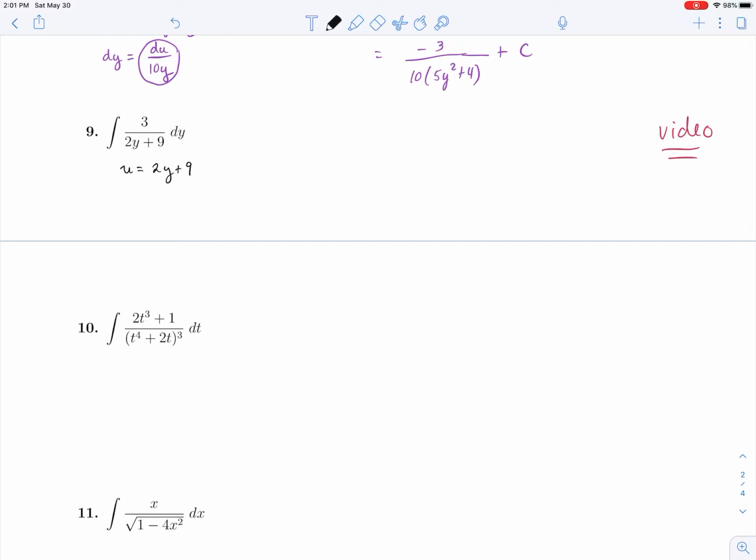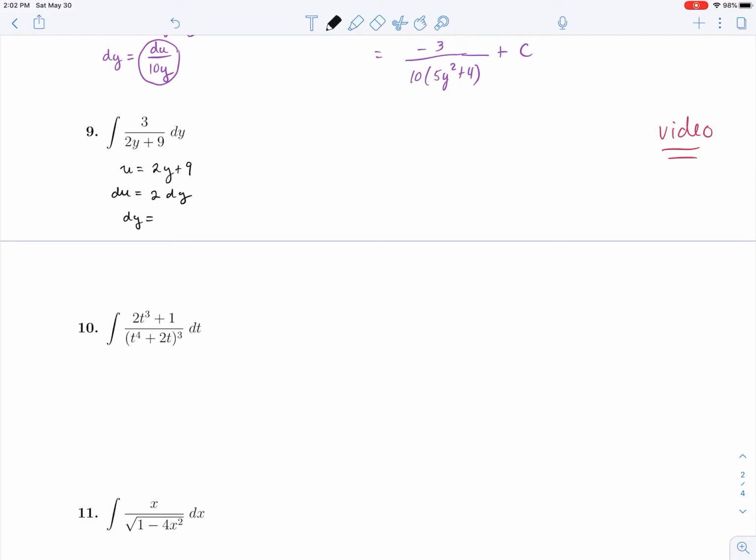When the denominator is linear like this, and there isn't an expression of your variable in the numerator, then this is really just like the integral of 1 over x, okay, or 1 over u. We'll take the 3 out. So du is going to be 2 dy.